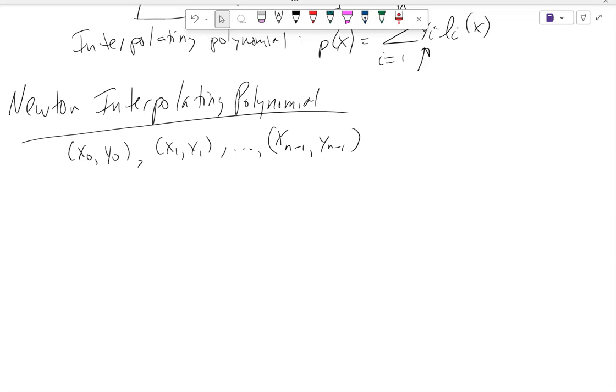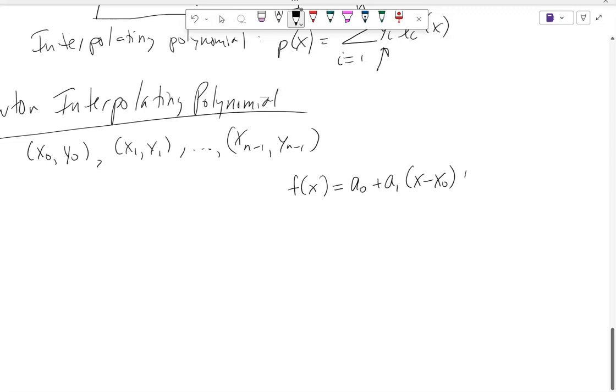So again, the idea was that I want my polynomial to look like the following. I'm going to say I have a constant term, we'll call it A0, and then I'll have a coefficient on what looks like an x term, but really I'm going to subtract off the x0. And then I'll add another term where I'll subtract off the x0 and the x1.